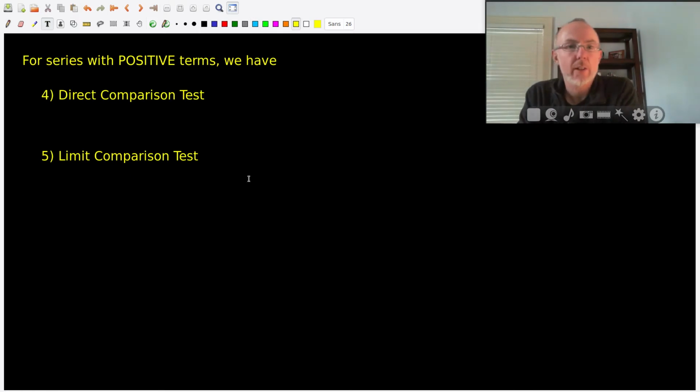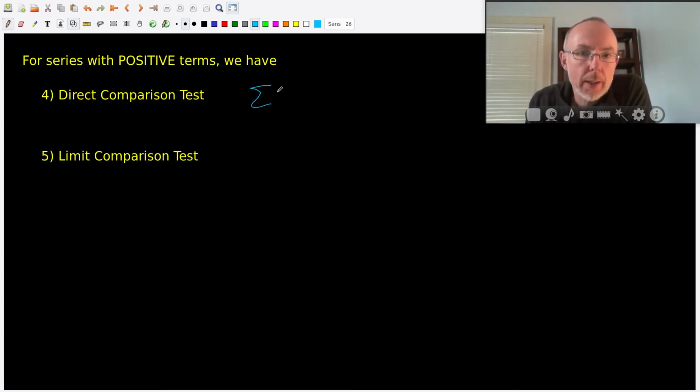If we have series that have positive terms, and we'll come back to alternating series, then we had two initial tests we could use, the direct comparison test and the limit comparison test. The direct comparison test said, if I want to know about the sum of the a_n, and we happen to know about the sum of the b_n, then we can compare.